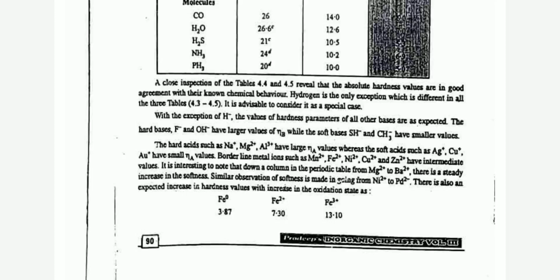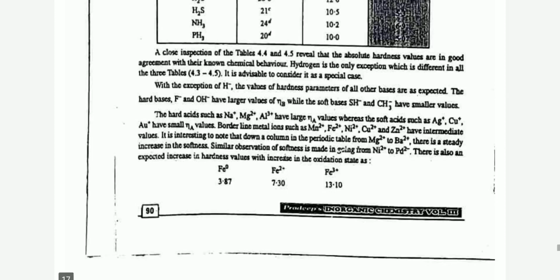It is interesting to note that going down a column in the periodic table, from Mg2 positive to Be2 positive, there is a steady increase in the softness. Similar observations of the softness are made in going from Ni2 positive to Pb2 positive.